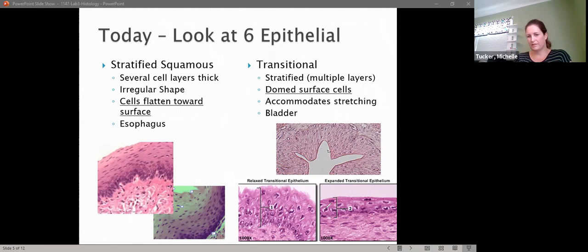Even in the contracted state, they're kind of evenly spaced. Usually for transitional epithelium, it'll be a slide from the relaxed state because we want to illustrate those domed cells.